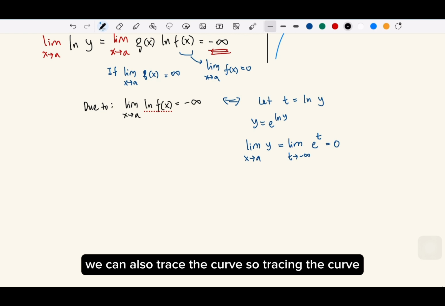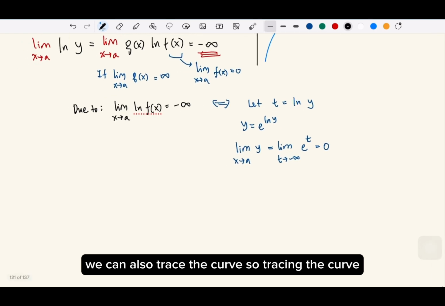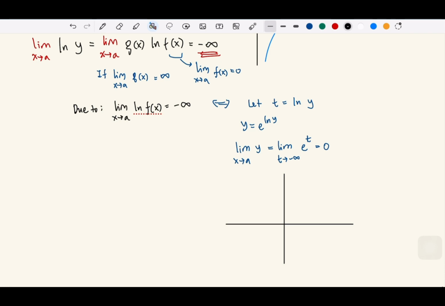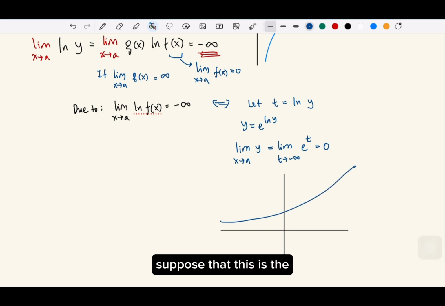Or we can also trace the curve. Suppose that this is just an illustration.